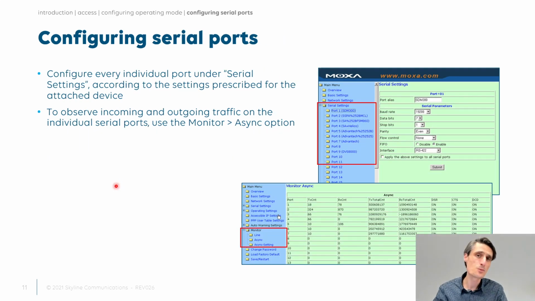Next thing I need to do, and this will depend on which device you are connecting to which port. For every port that you start to use, you need to configure the serial settings in here. So in here you can see you can configure the baud rate, data bits, stop bits, all these kinds of things. This will of course depend on the device and what the device supports.